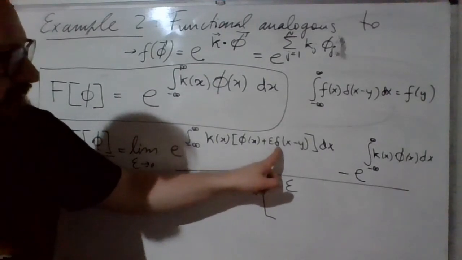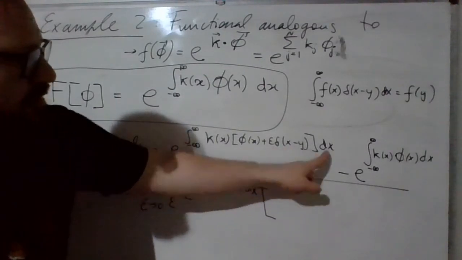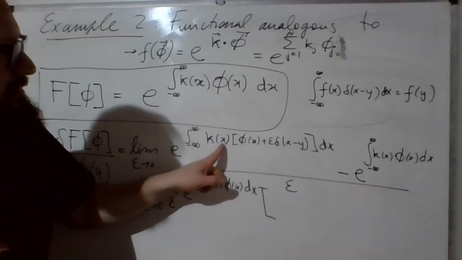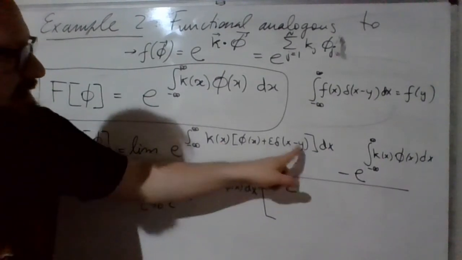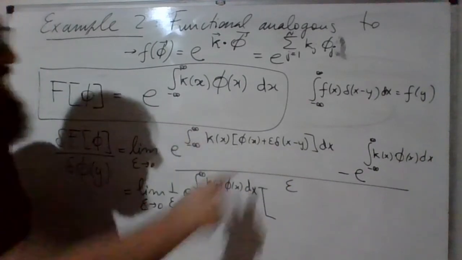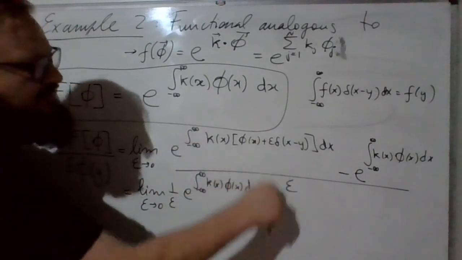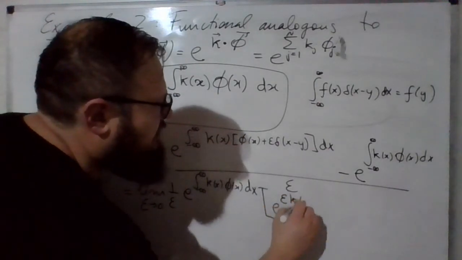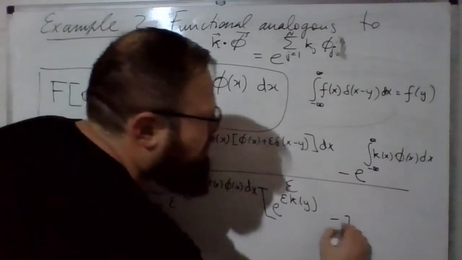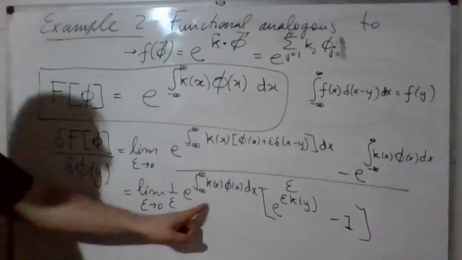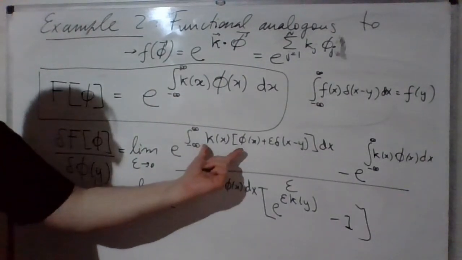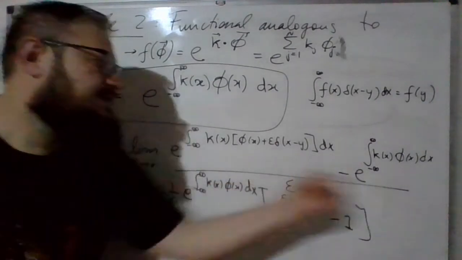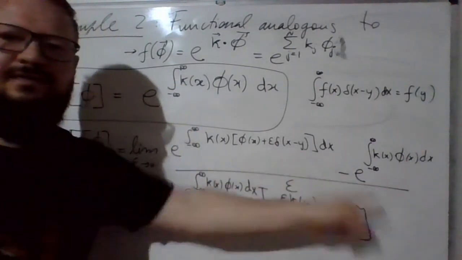I am integrating this delta with respect to x. I just need to replace x by y, but this is a constant of integration, so I have the exponential of epsilon k of y minus 1, because I am putting the first integrand into evidence. It appears in both terms here.